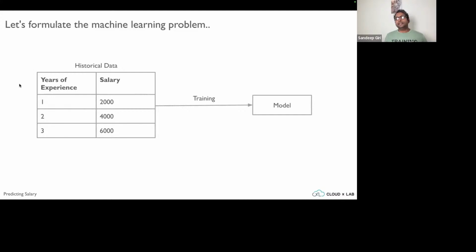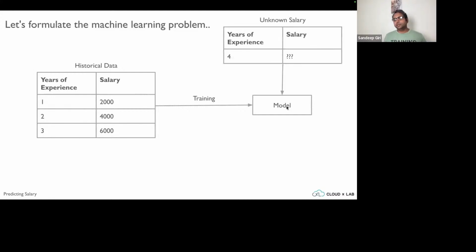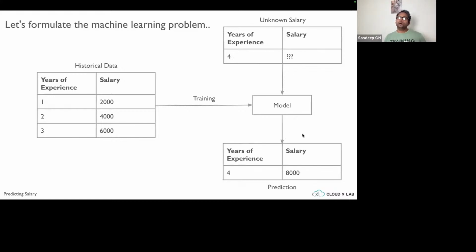So given the historical data, we train the model. Once the model is ready, then we give the years of experience, it will give the salary, right? I hope this diagram is clear to everybody. Yes? No? Yes, yes. Okay.